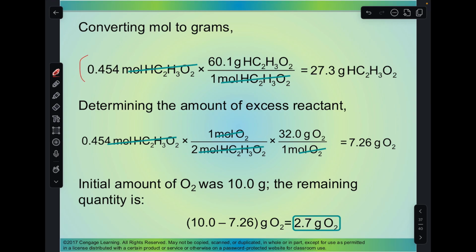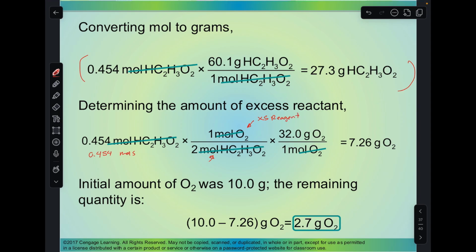So we don't really care about this up here at all. So I'm going to skip down here. We have 0.454 moles. And then we're going to use the ratio. Remember, that is acetic acid to O2. That's our excess reagent. They can also write this as XS reagent.